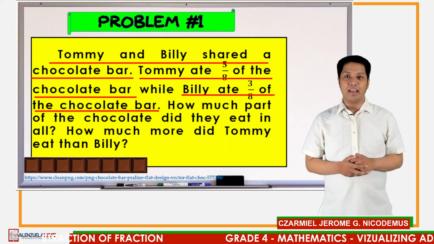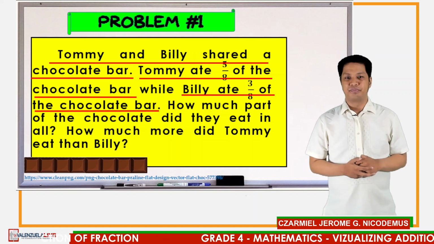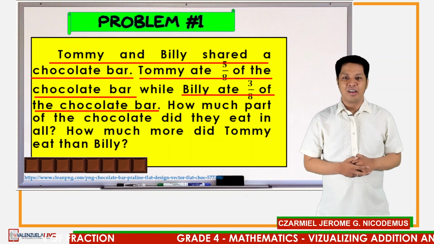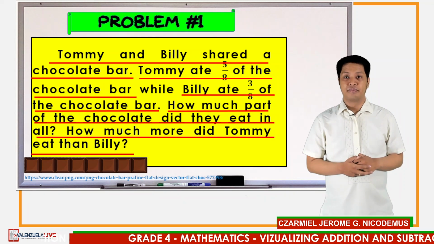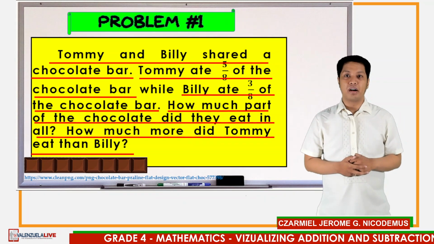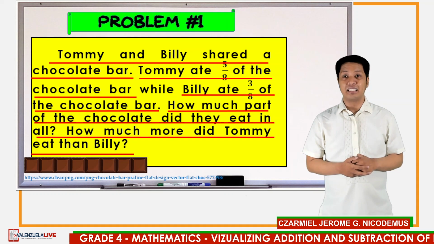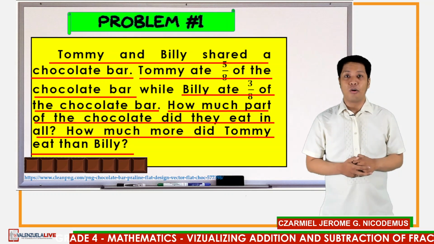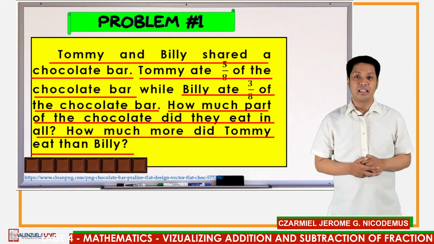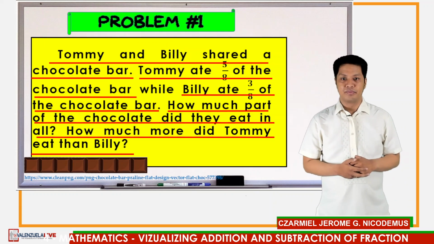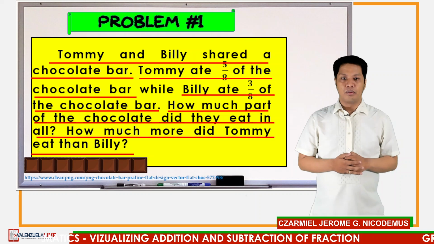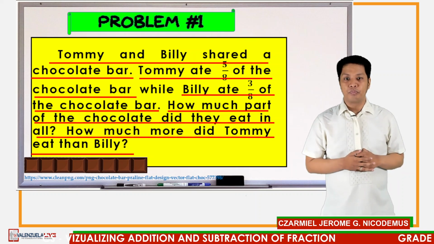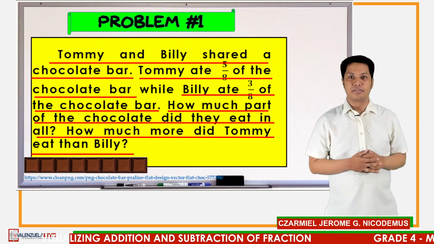Billy ate 3/8 of the chocolate bar. What does the problem ask you to find? How much part of the chocolate bar did they eat in all? And how much more did Tommy eat than Billy? So, how will you solve for the answer?